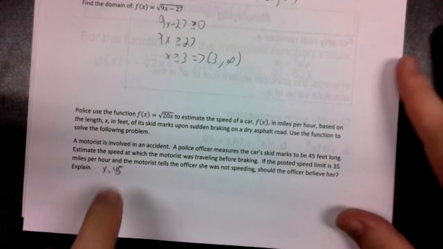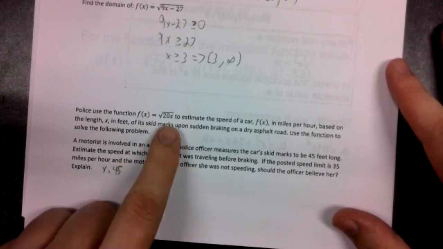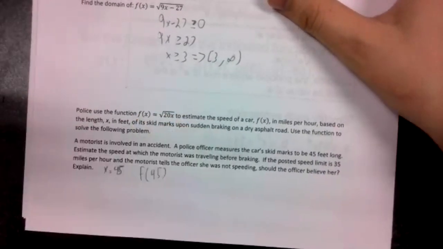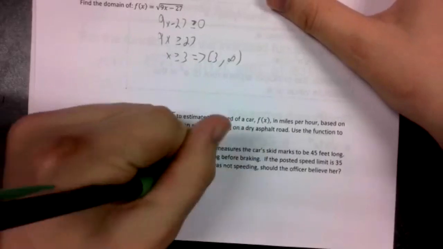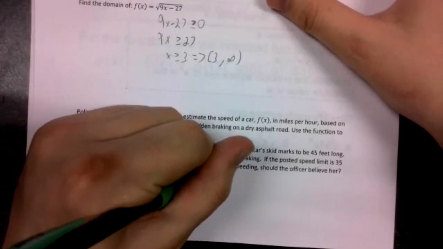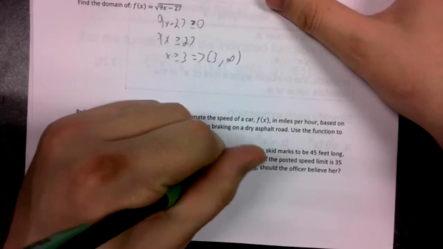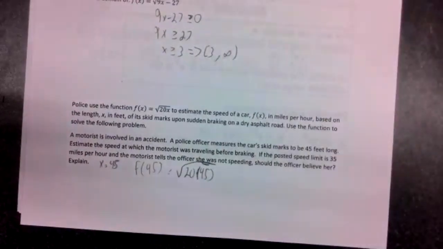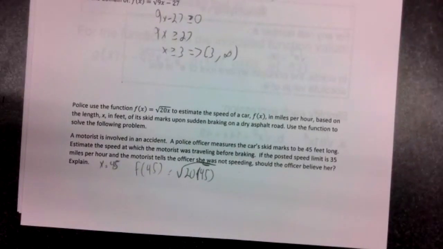So all we need to do is plug in 45 for x. We want to know the function of 45, and that equals the square root of 20 multiplied by, or substitute in 45. So what we can do here is just do 20 times 45.